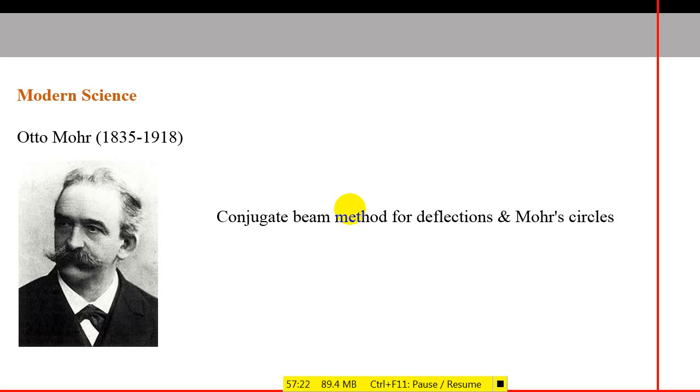Now say you are walking on a bridge, and if the bridge is deforming excessively, even if someone confirms to you, okay, this bridge will not collapse, you can walk on it, still you will be a bit scared to walk because it is deflecting a lot.